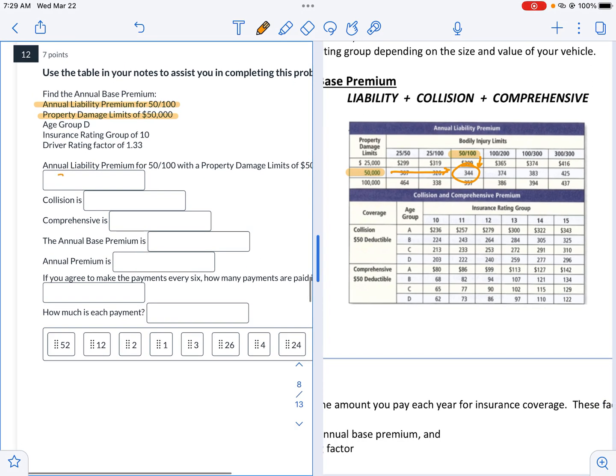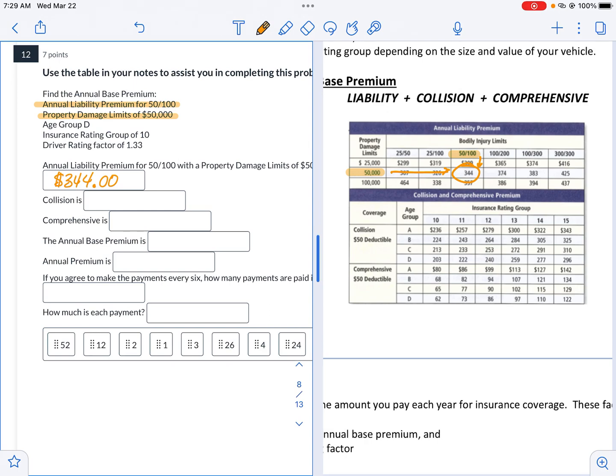So this person is paying $344 per year so that they are insured for liability. In other words, property damage, medical for another person or another vehicle.